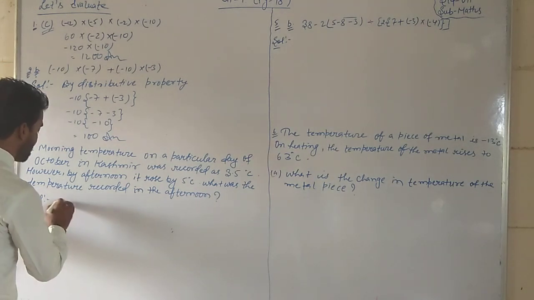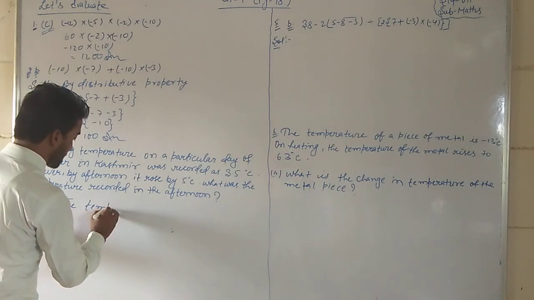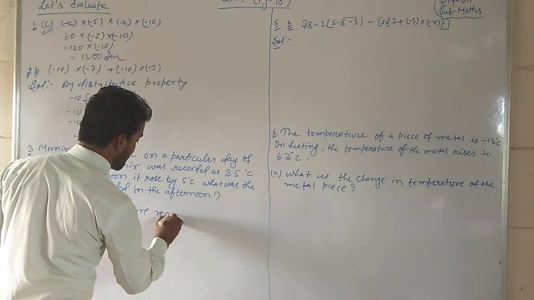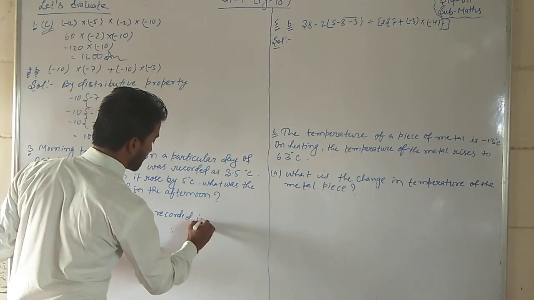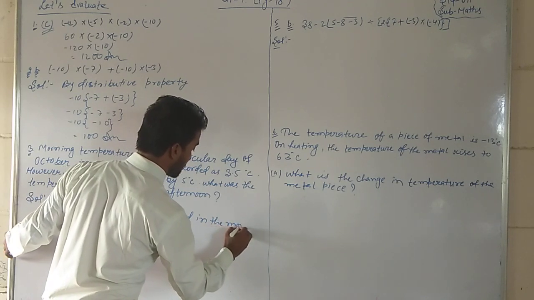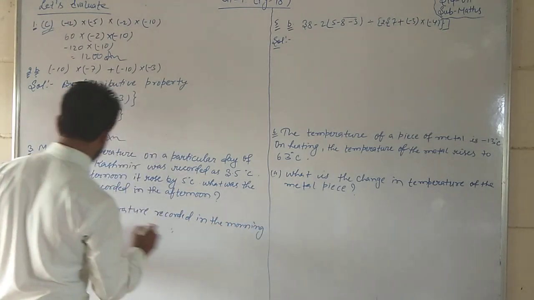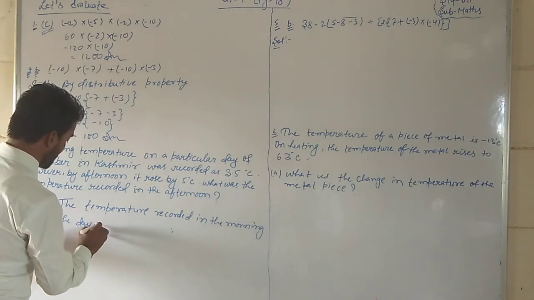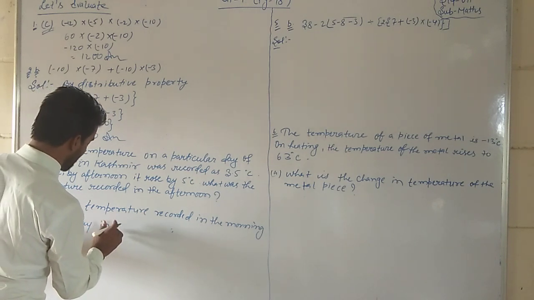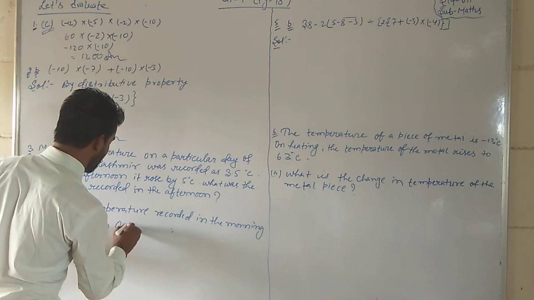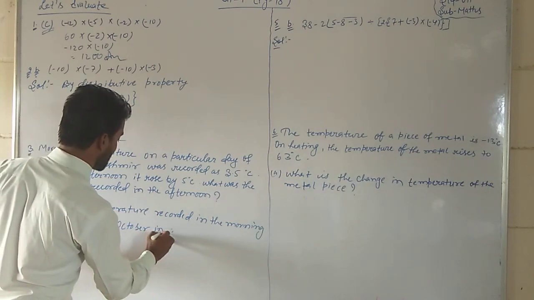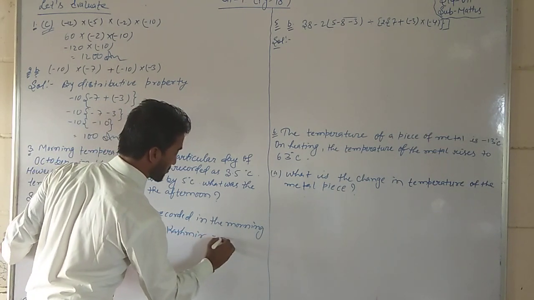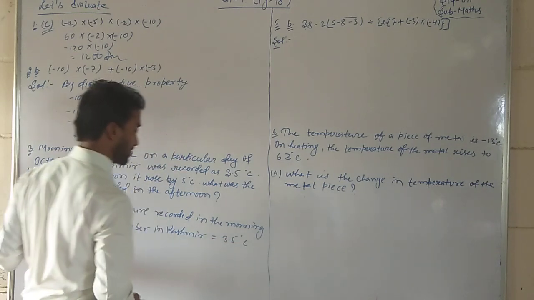So we will mention over here: the temperature recorded in the morning of the day in October in Kashmir was 3.5 degrees centigrade.